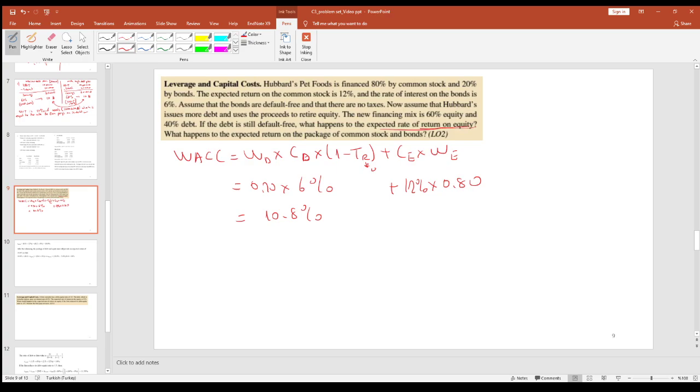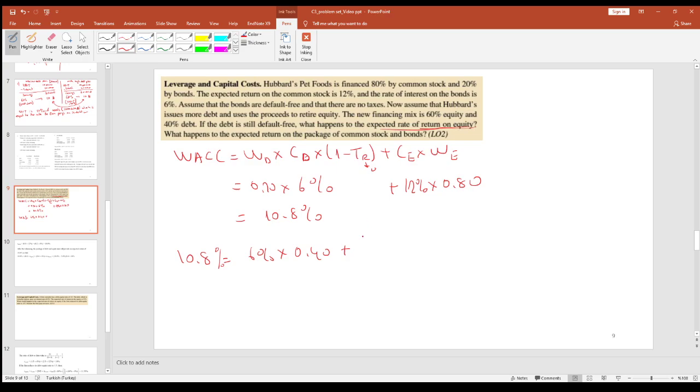So in the second situation, they change the financing mix and ask you the expected rate of return on equity, which means in the new case, since you have 10.8% weighted average cost of capital, now in the new situation, you need to calculate cost of equity because cost of debt remains the same. So cost of debt was 6% times weight of debt in new situation is 40%, 0.40.